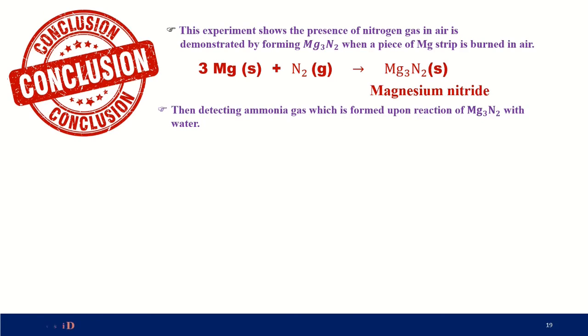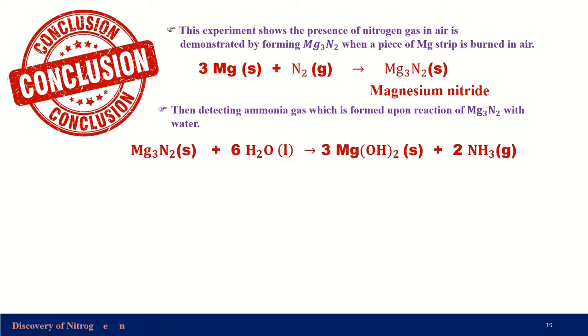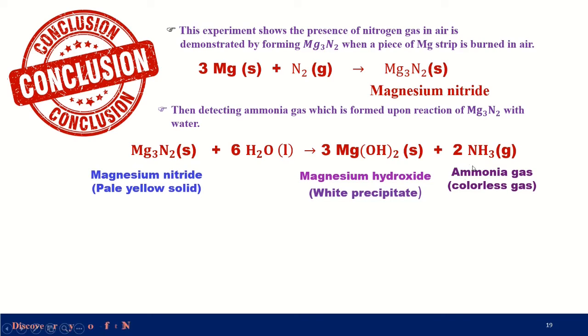Then, for detecting the ammonia gas formed when magnesium nitride reacts with water, in this equation magnesium nitride reacts with 6 water molecules to give 3 magnesium hydroxide and 2 ammonia gas.